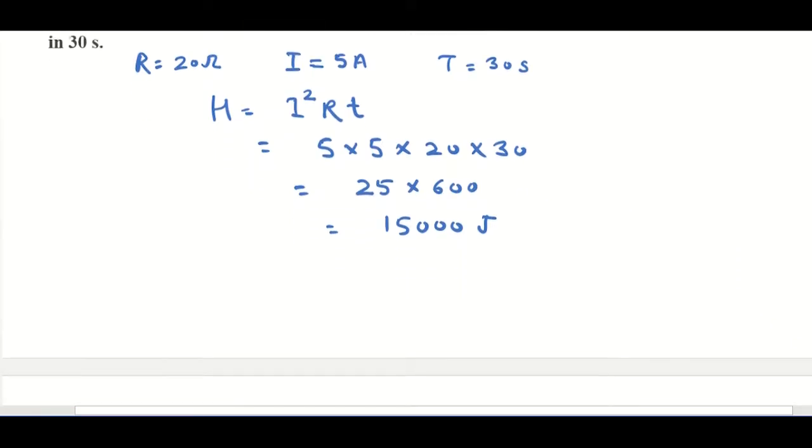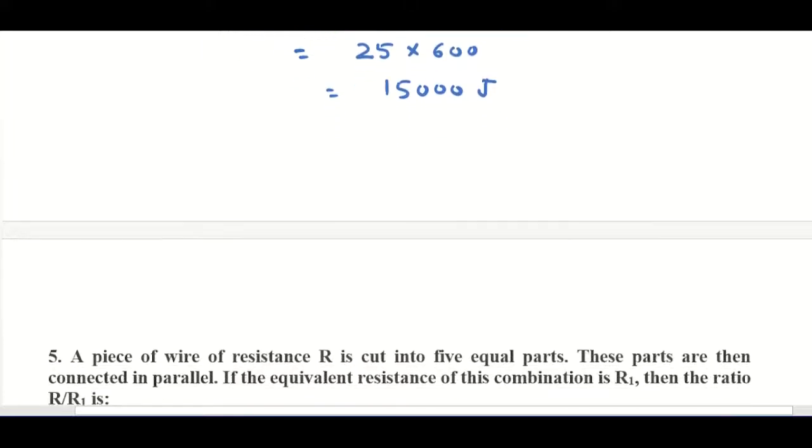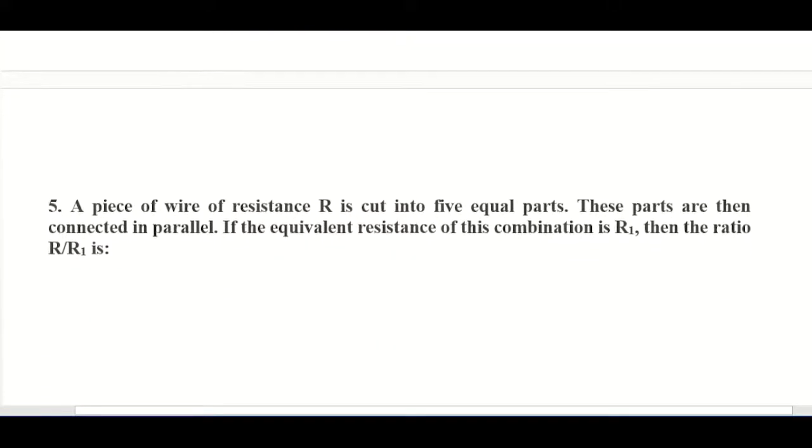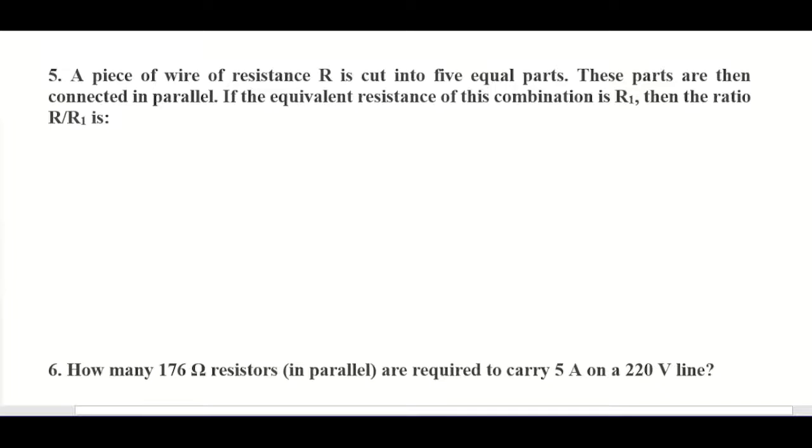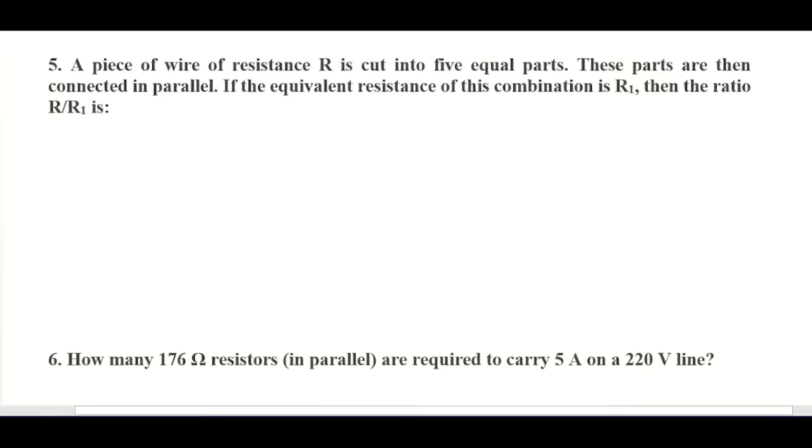Next question. A piece of wire of resistance R is cut into 5 equal parts. There is one wire and it is cut into 5 parts. Its total resistance was R, now that it is cut into 5 parts, the resistance of 1 part becomes R/5, and they all are connected in parallel.